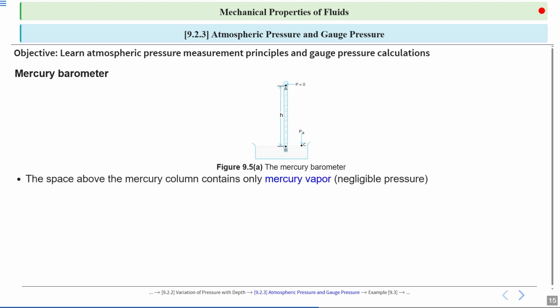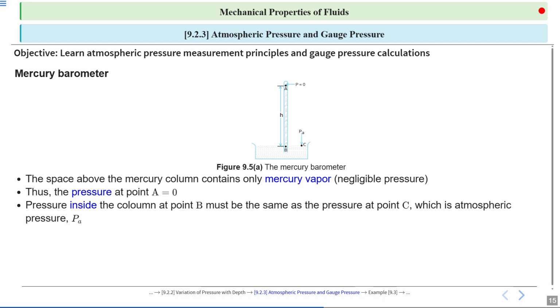So, in the mercury barometer, the space above the mercury column contains only mercury vapor, which exerts negligible pressure. This is important because it allows us to assume that the pressure at the top of the column is effectively zero. As a result, the pressure at point A, which is at the top of the mercury column, is zero.